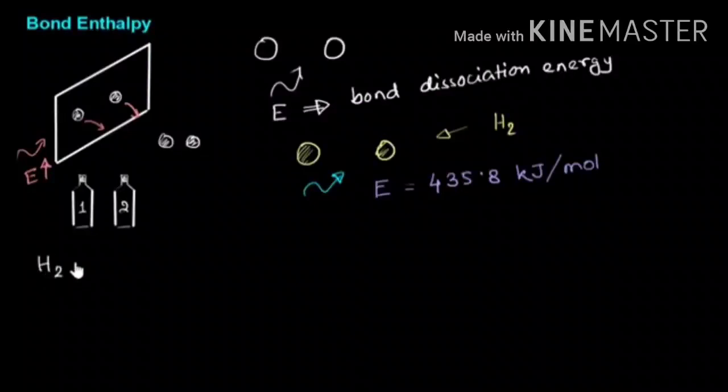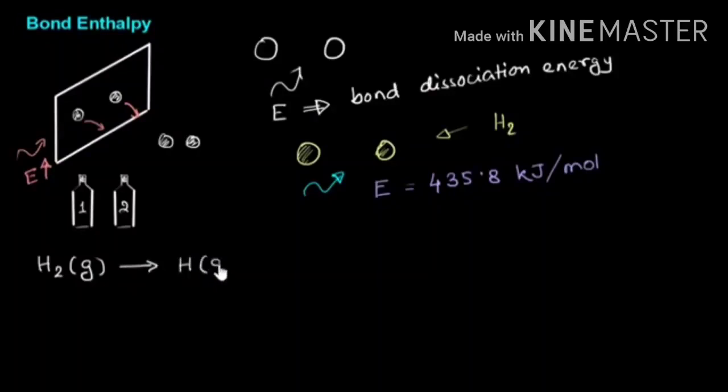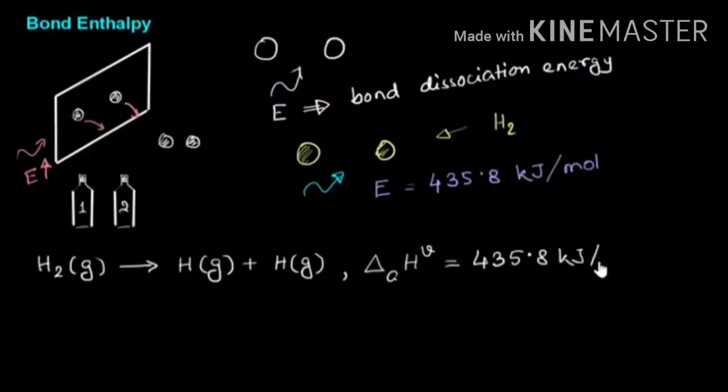This energy we have to supply from outside so that the gaseous molecule of hydrogen is dissociated into its gaseous atoms, and this energy has the unit kilojoule per mole. As this energy is supplied from outside, this energy has a positive sign, and this process is an endothermic process.